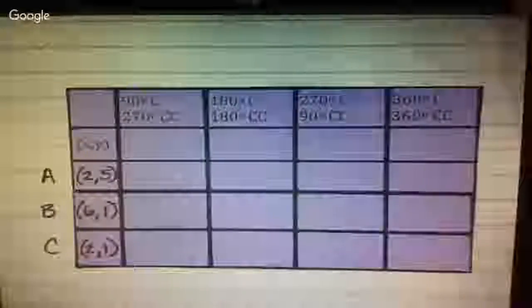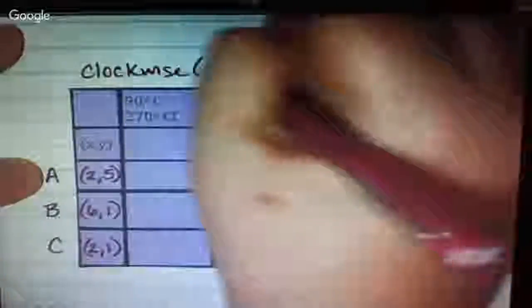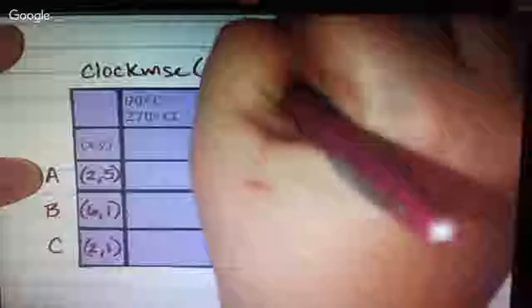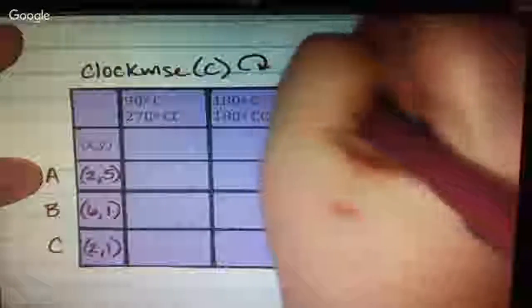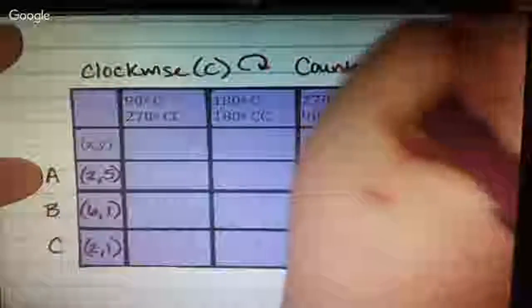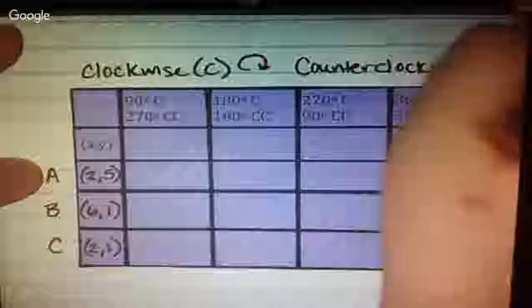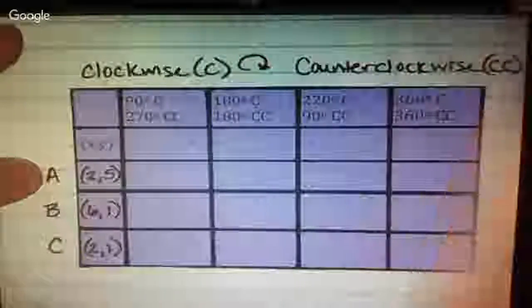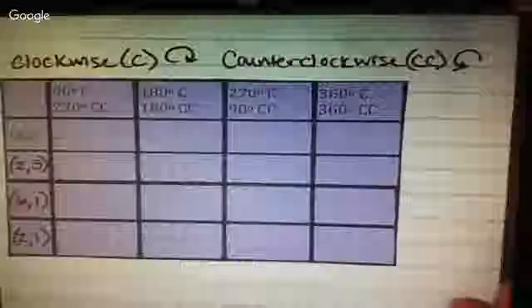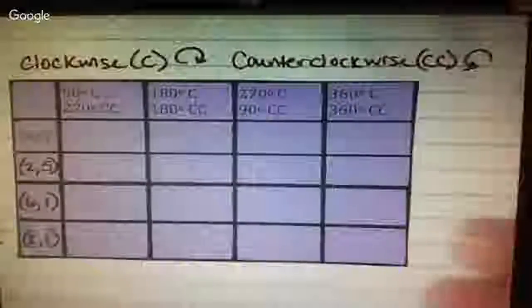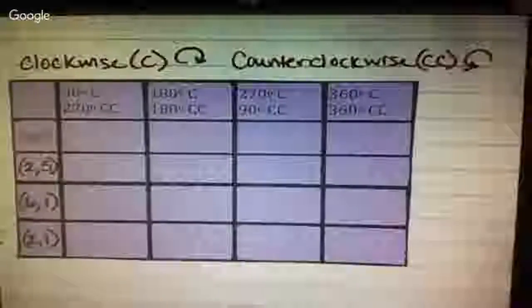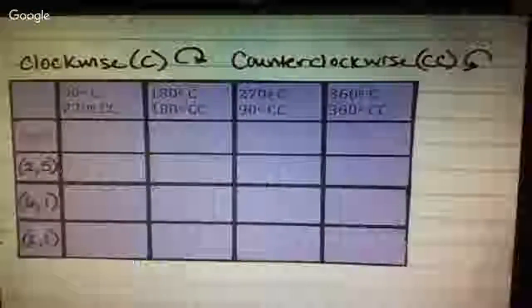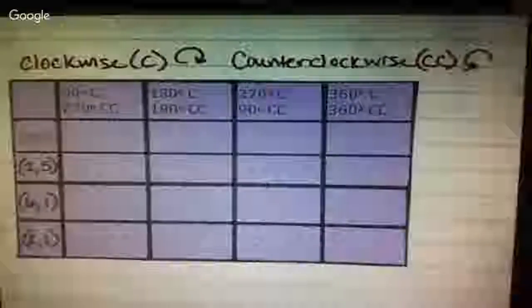So we've got clockwise, which is a C, and that goes around to the right. And we have counterclockwise, and that's CC, and that's around to the left. You're going to have to remember that clockwise and counterclockwise go in 2 different directions, and remember which directions those go.